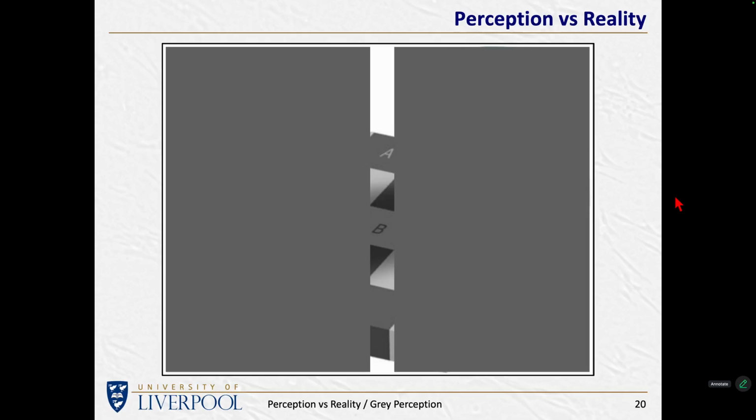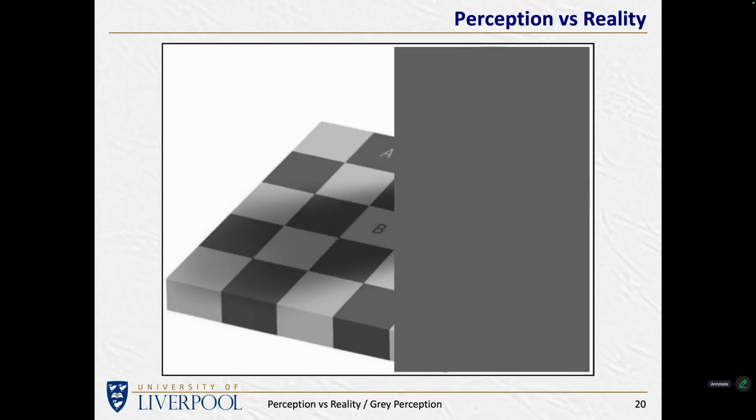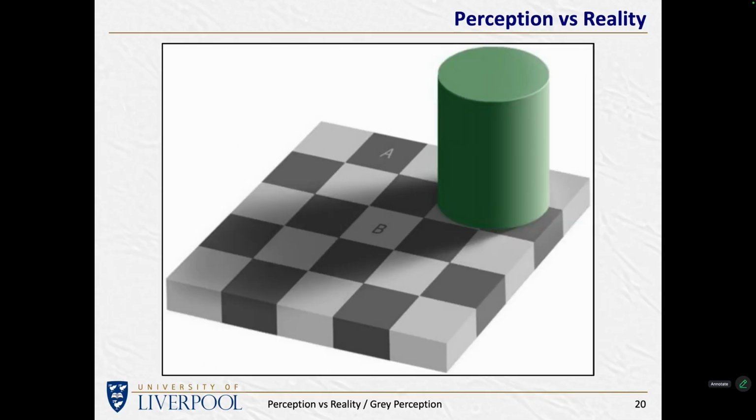Now that you know that square A and square B are exactly the same shade of grey, let me take those two masks away. I haven't changed A and B, but what is your brain now telling you? What is your eye and brain telling you about the shades of A and B? Even though you know they're the same, because I've just shown you they're the same, it is almost impossible for your brain to come to the conclusion that they are the same.